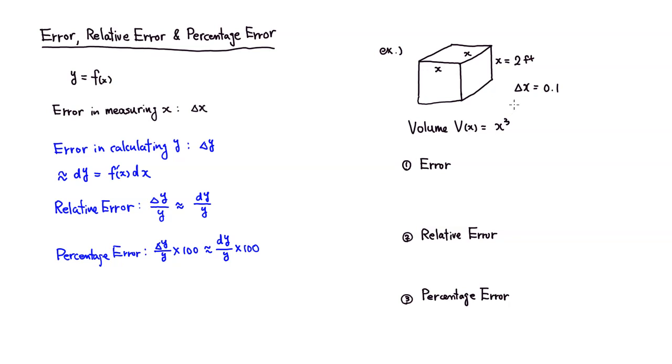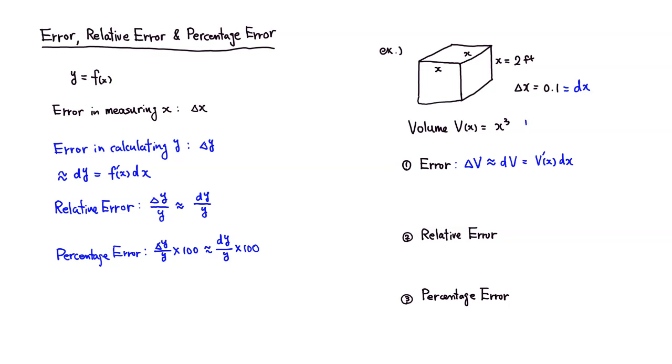If you want to find the error in volume, that's going to be delta V, and we want to approximate it by the differential dV, which is the derivative of V times dx. We're going to set dx equal to delta x, so dx is going to be 0.1, and we need to find the derivative.